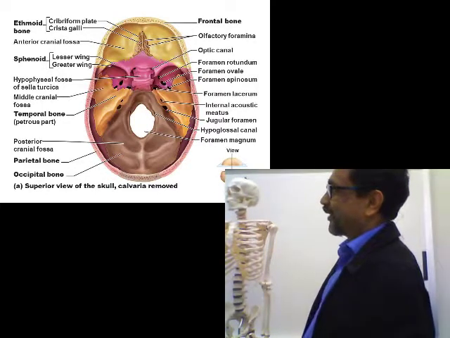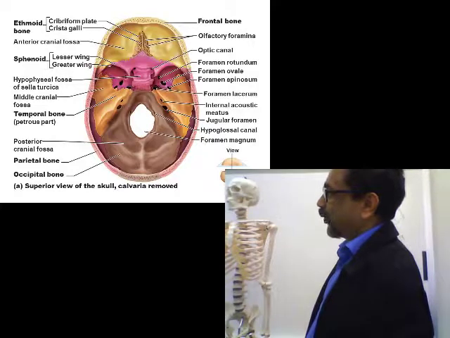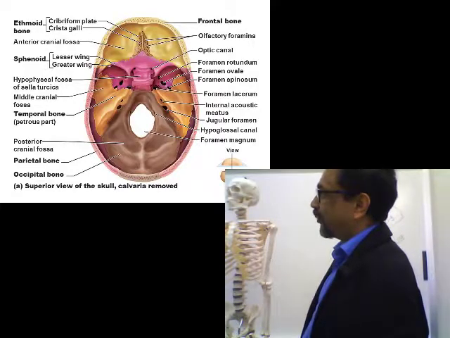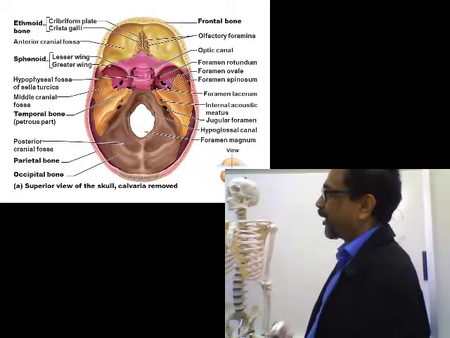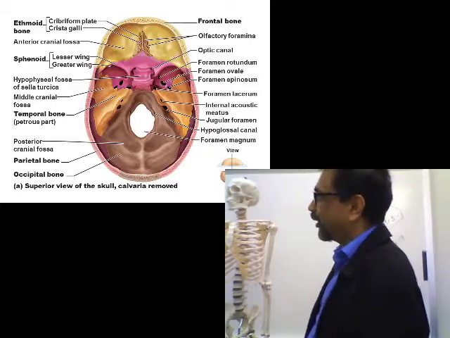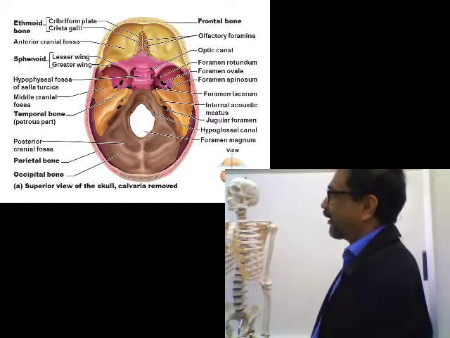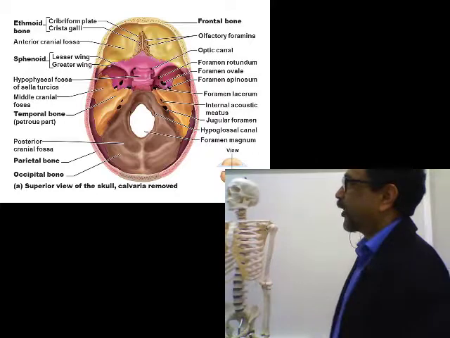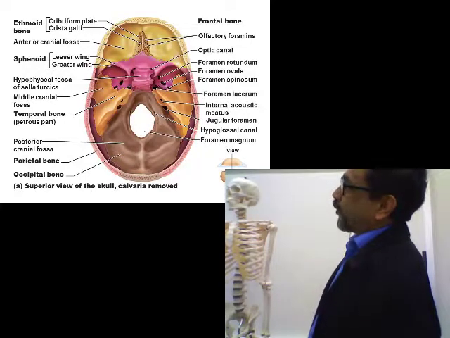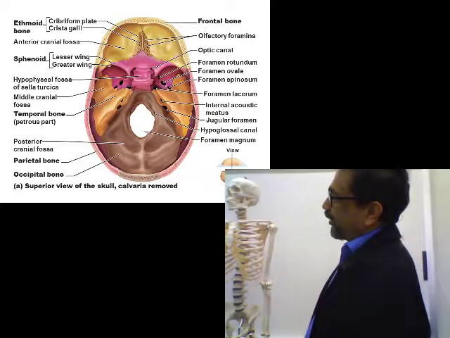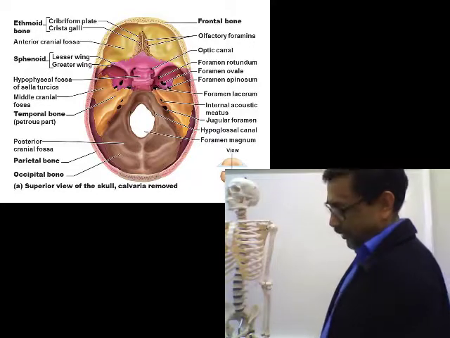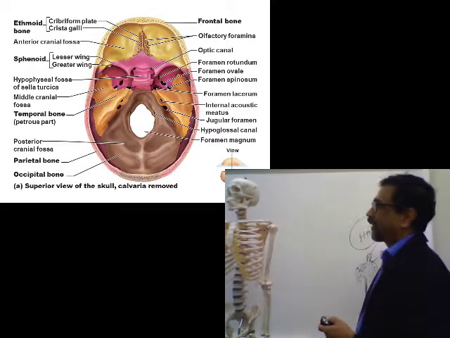You again see the two greater wings, two lesser wings, right? Optic canal, we have already talked about that. Hypophyseal fossa for the pituitary gland. You see foramen ovale, right? So that's the sphenoid. Now, in front of the sphenoid, you can see the very top part of ethmoid.